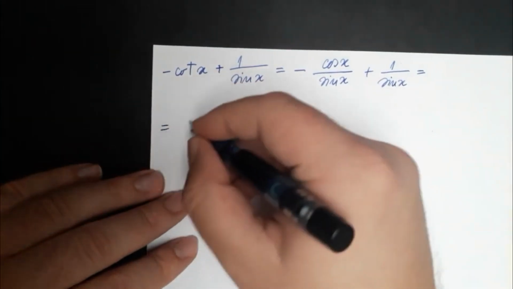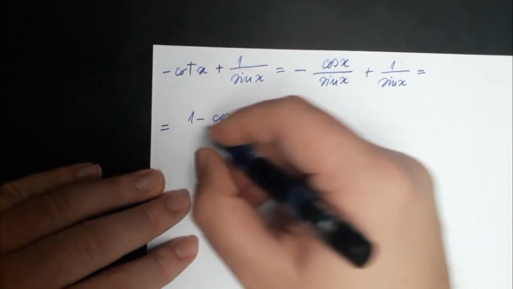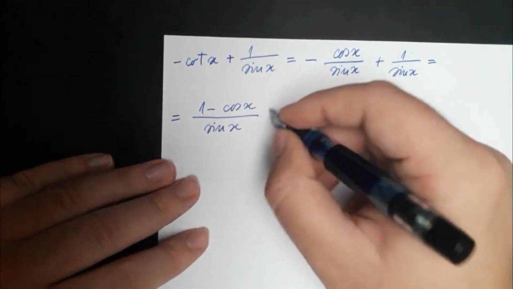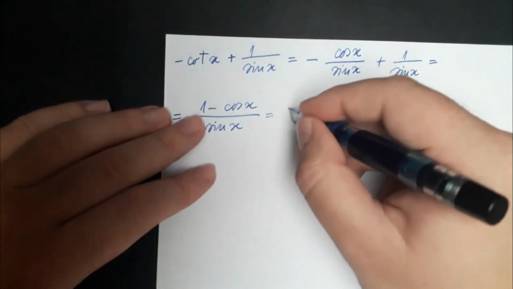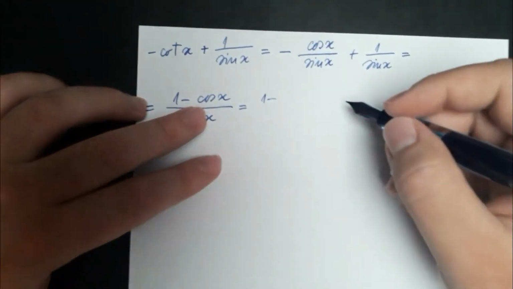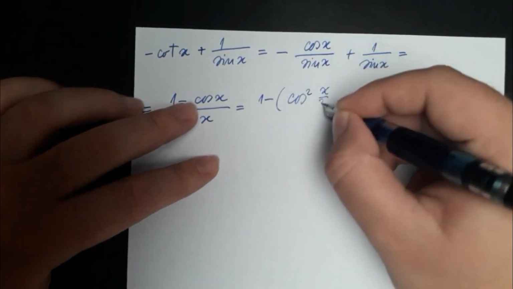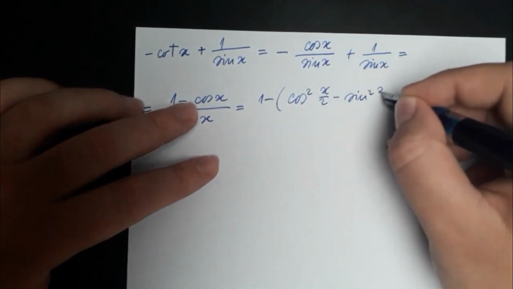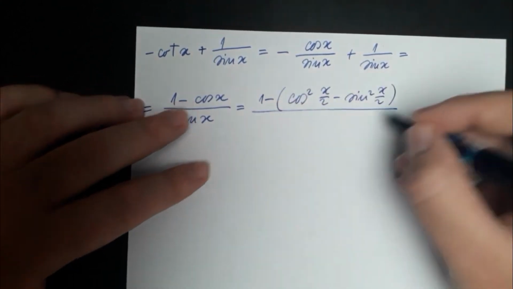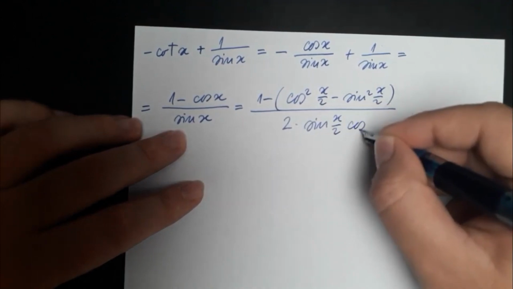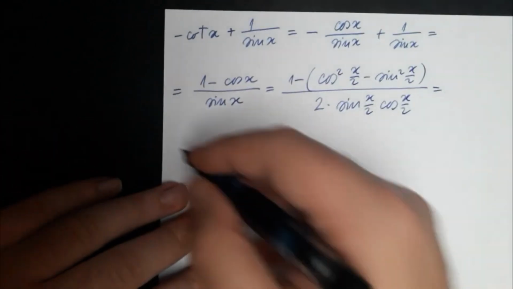This is equal to 1 minus cosine of x divided by sine of x, and this is equal to 1 minus, we go to the half angle, so we get cosine squared of x/2 minus sine squared of x/2 divided by 2 sine of x/2 cosine of x/2.